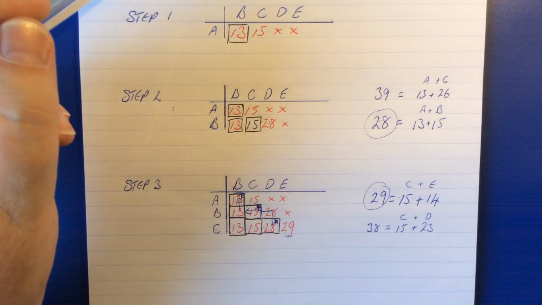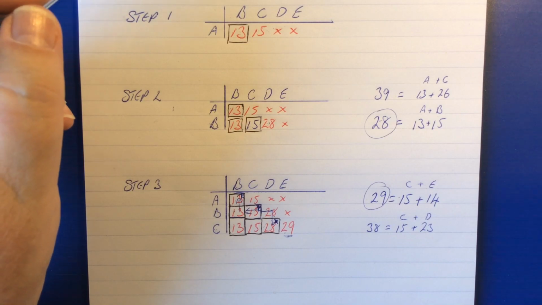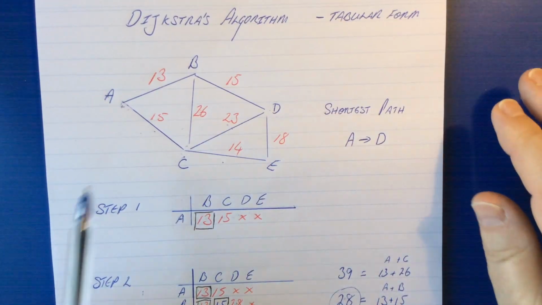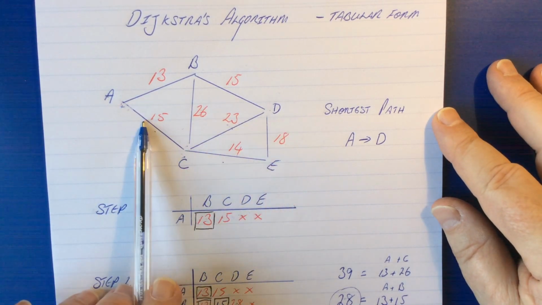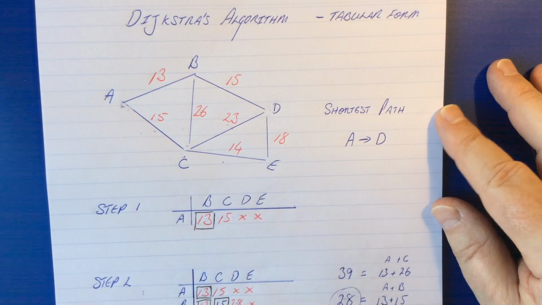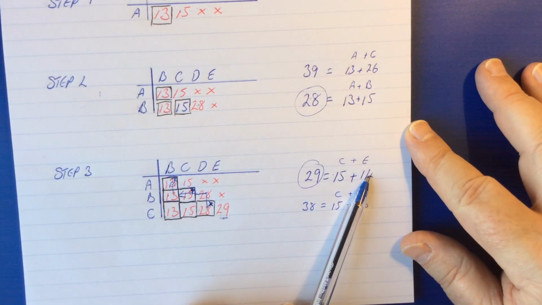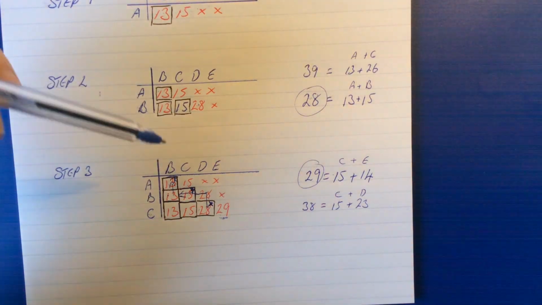But as it turns out, we're always working from A, so C plus E, that line and that line, gives us a total of 29. So C to E we can put in here, 29. We'll put in the smallest value.